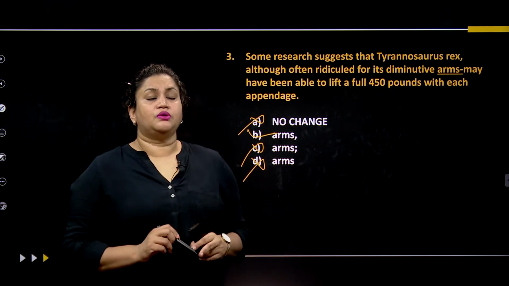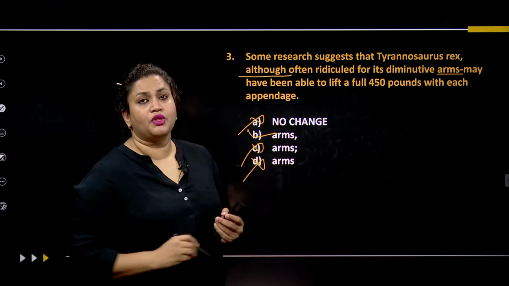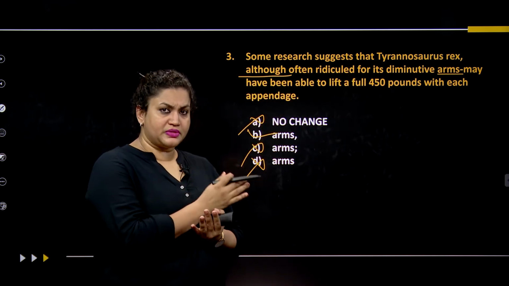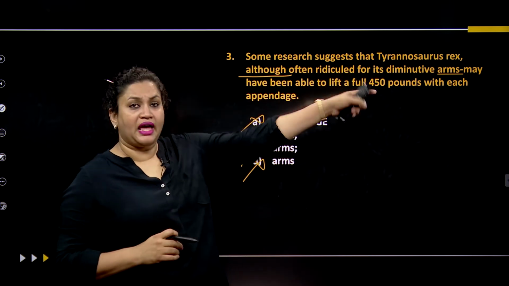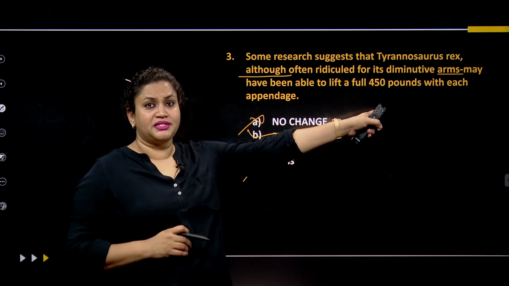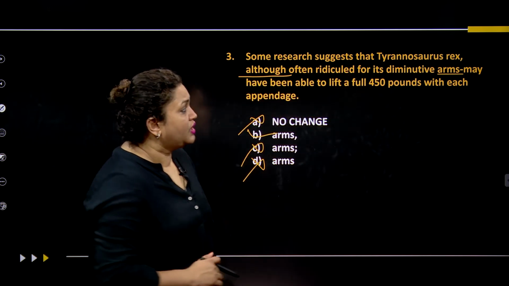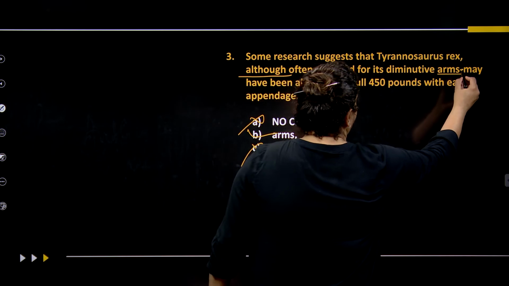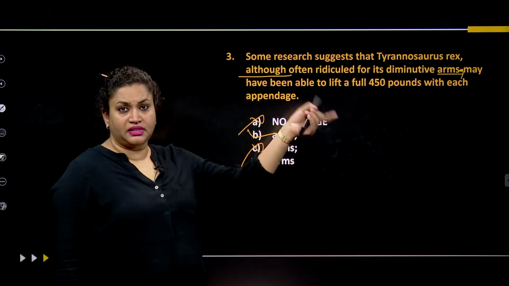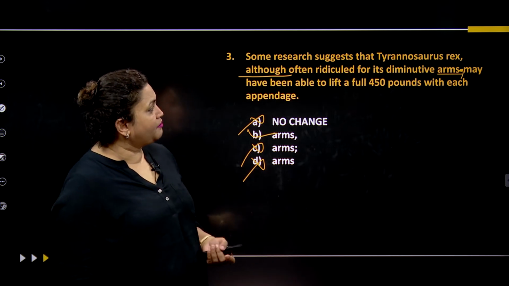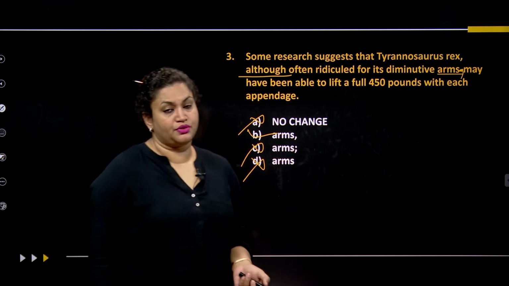What is the logic behind this? We have used an although here. Whenever we are using although before an independent sentence, we have to talk about the dependent sentence. Therefore, after the first dependent clause is over, it needs a comma here, because we may have been able to lift a full 450 pounds with each appendage.